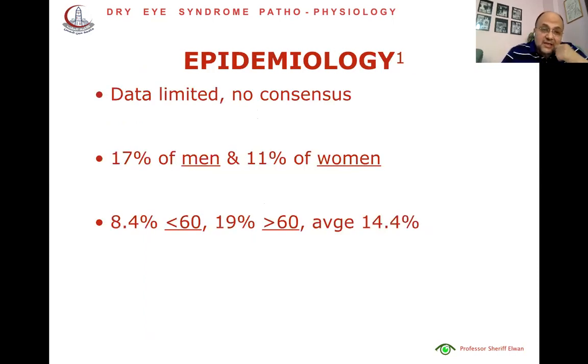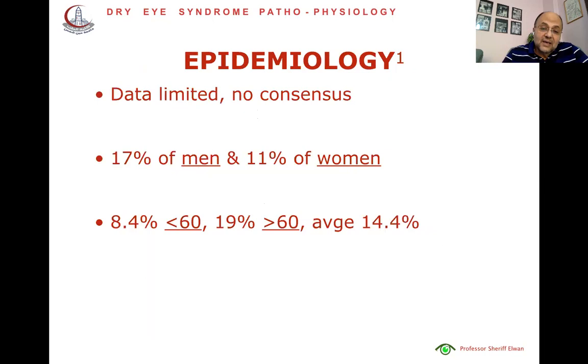Epidemiologically speaking, the data are limited, and there is no consensus worldwide on how much of the population is affected by dry eye syndrome. But it is said that it is more common in men than in women, probably due to more exposure of men to outdoor work conditions.